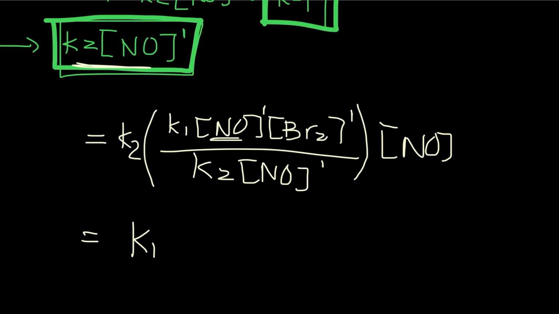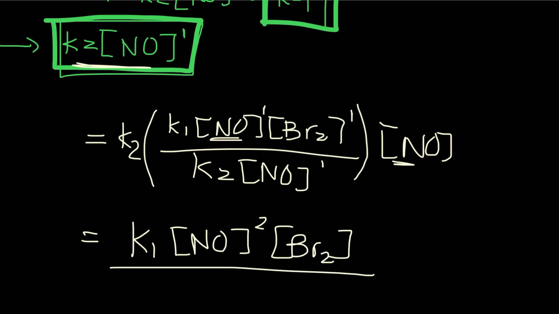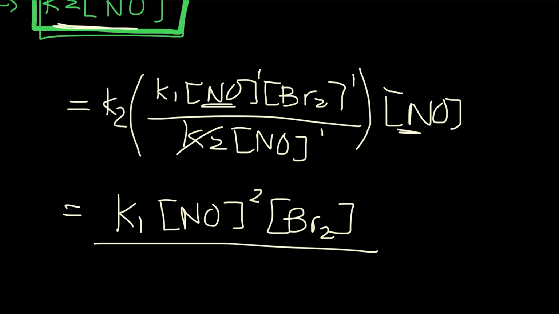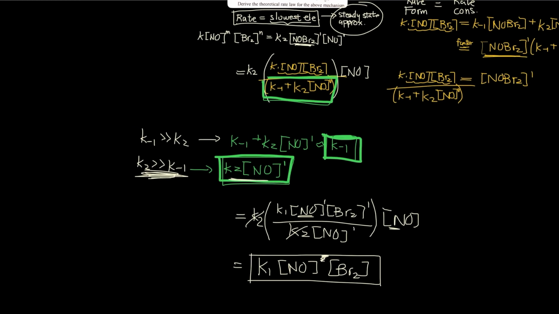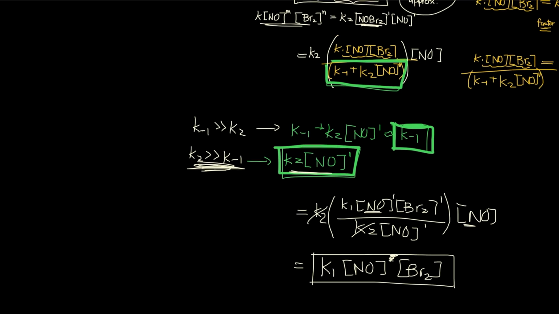And there are two NOs, so we can just say NO squared. And there's one more NO down here, so let's just cancel it with the top. So overall, this will be our rate. But now we have to compare it with the overall rate.